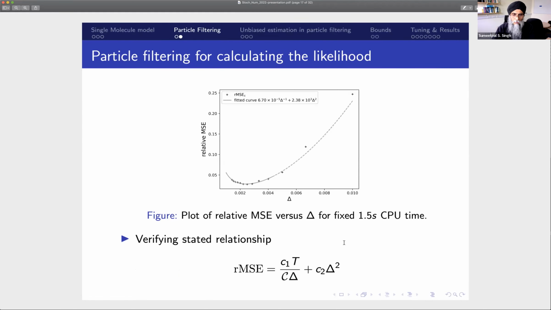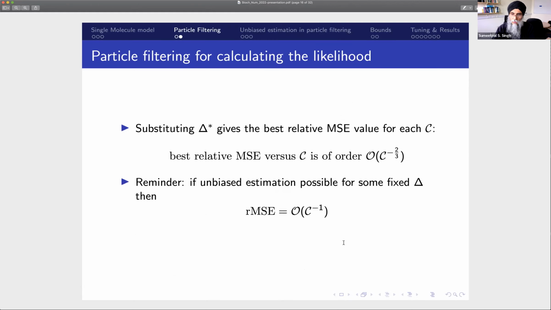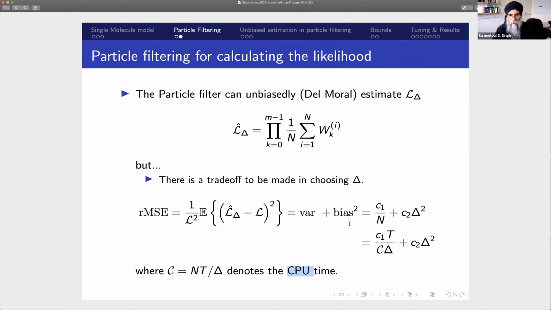Okay. So like I said, the variance plus bias relationship has this form: 1 over delta plus delta squared, times some constants which I don't know, but by CPU budget obviously I know. The first thing is to confirm this relationship with some numerical work, and then we'll look at what happens when you find the best delta.